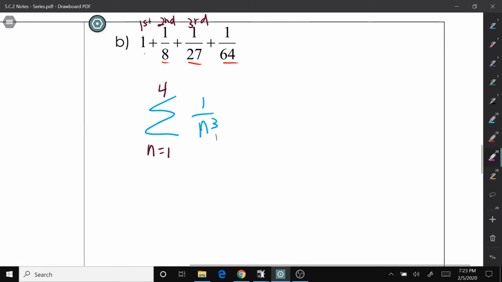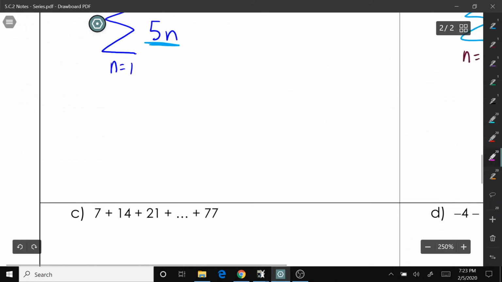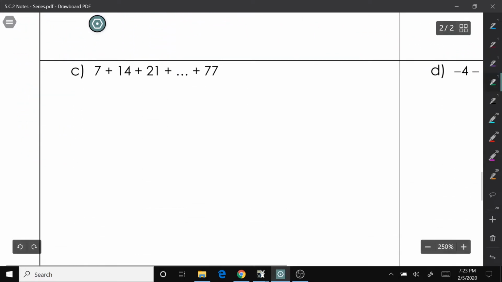All right, let's go look at letters C and D. So C has these 3 little dots. What that means is that the pattern is going to continue up until 77.